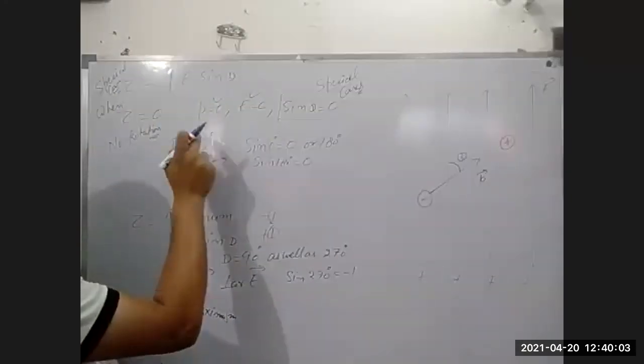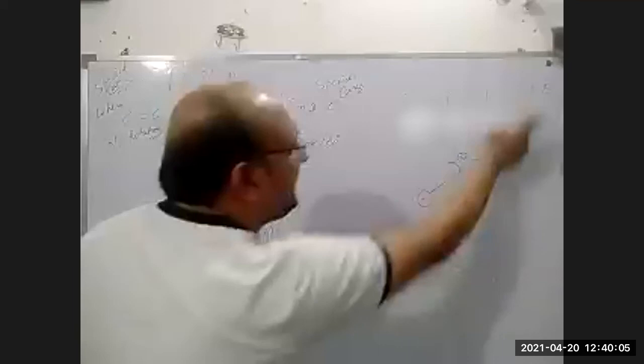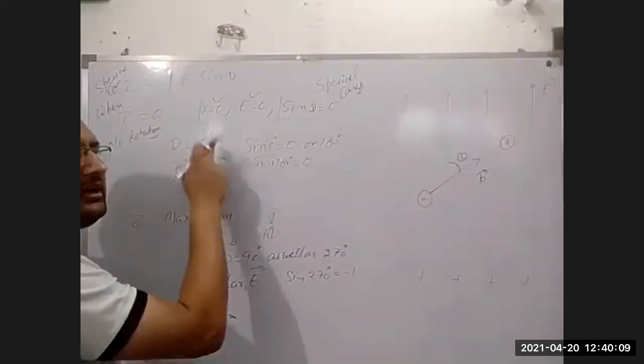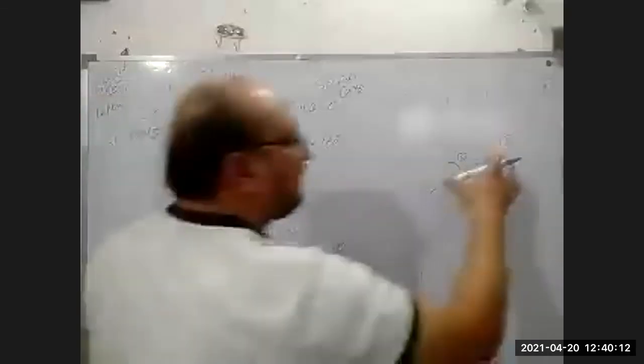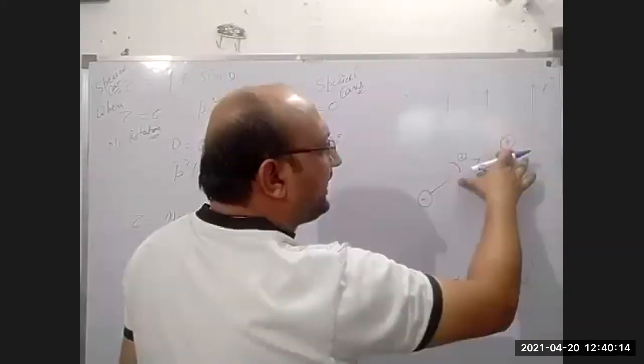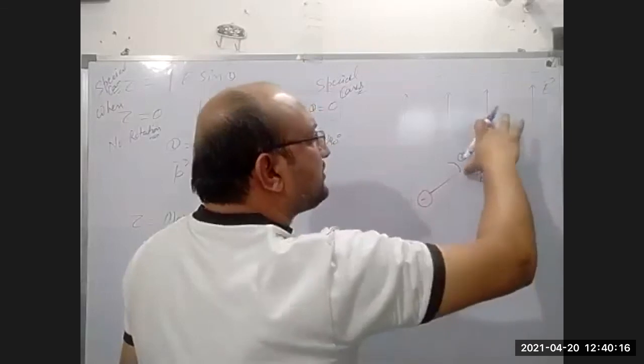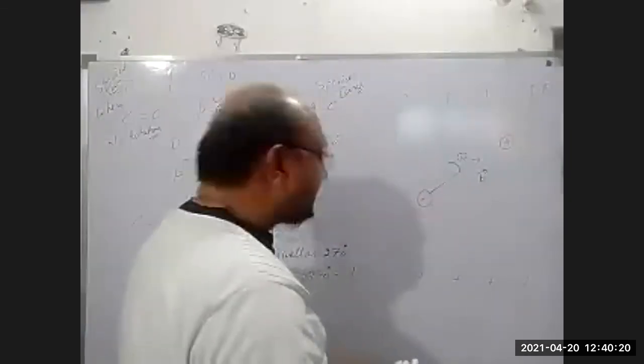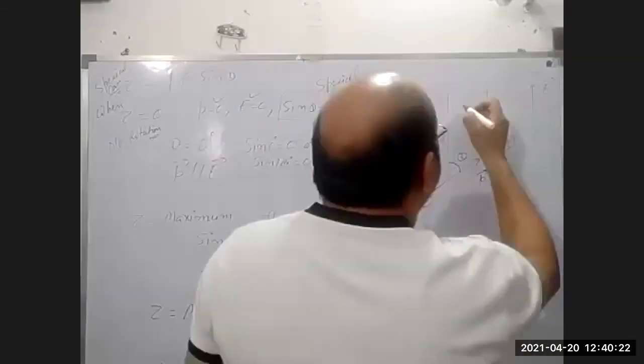But here, if we take the angle between these two quantities, dipole moment and E, it is zero. What is the meaning of that? How does the positive side take this position? Like this.